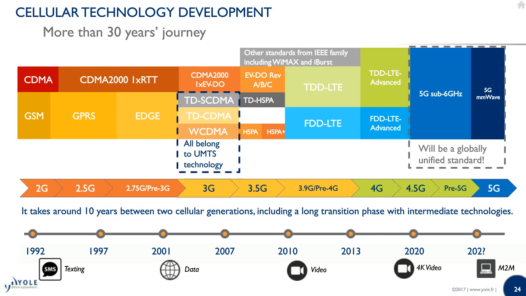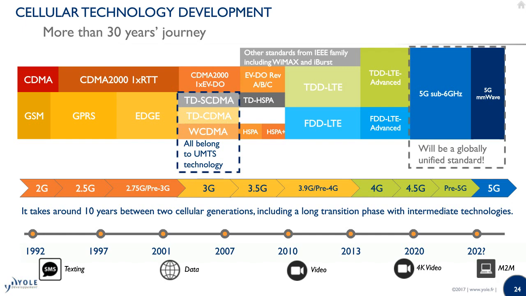And then you see all this evolution with the data, with the pre-3G and 3G. So 3G brought the data, so really this internet access. And things are accelerating with video being brought by 4G or pre-4G in 2010, 2012, 2013, depending how you look at it. And what is driving all this enhancement in this mobile generation?